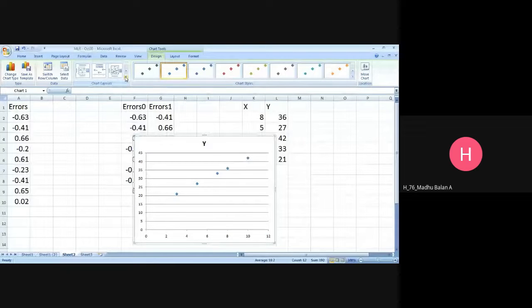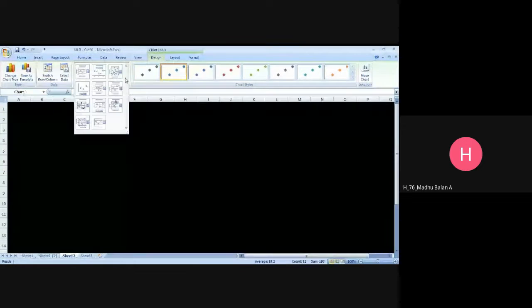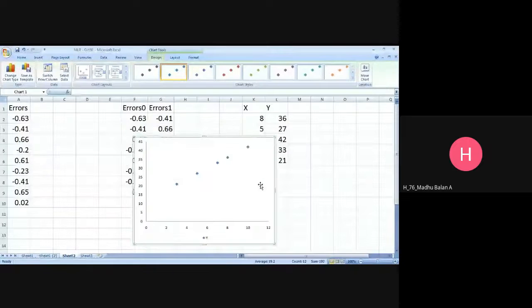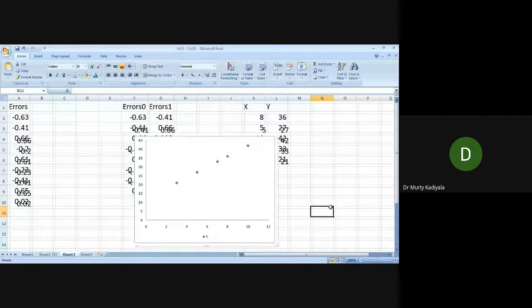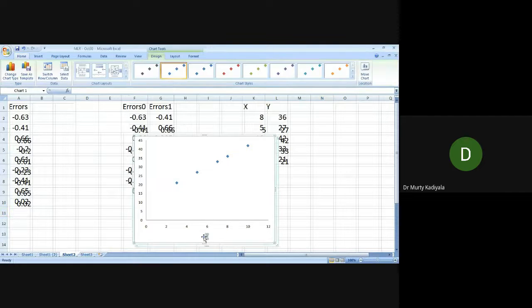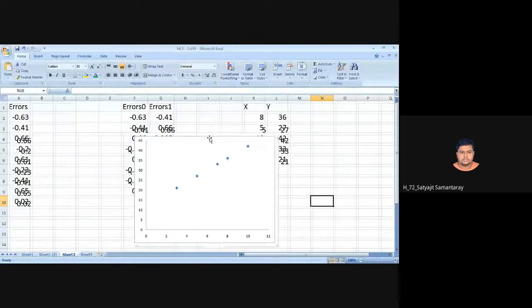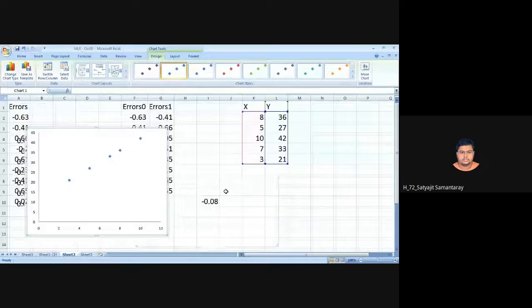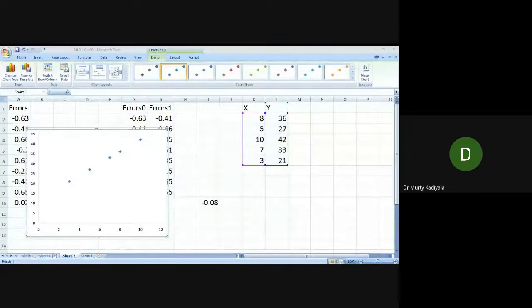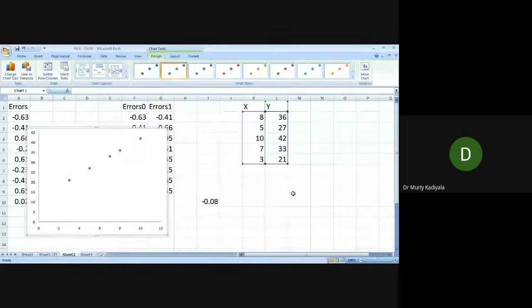Yes, sir. They are perfectly on a line, right? So if they are perfectly on a line, what will happen to the correlation? Sir, 1. You can check that. You can check the correlation.